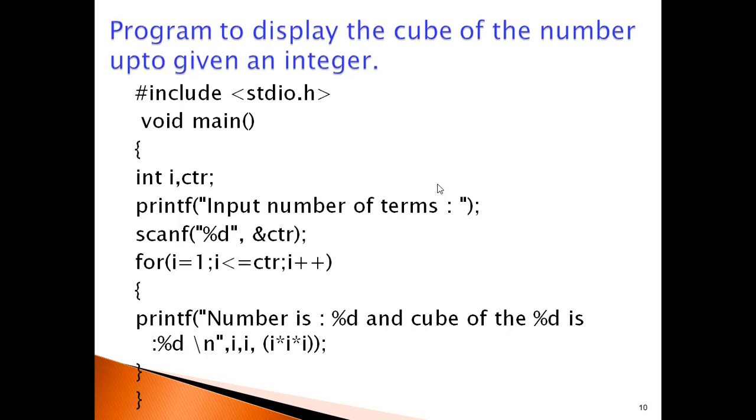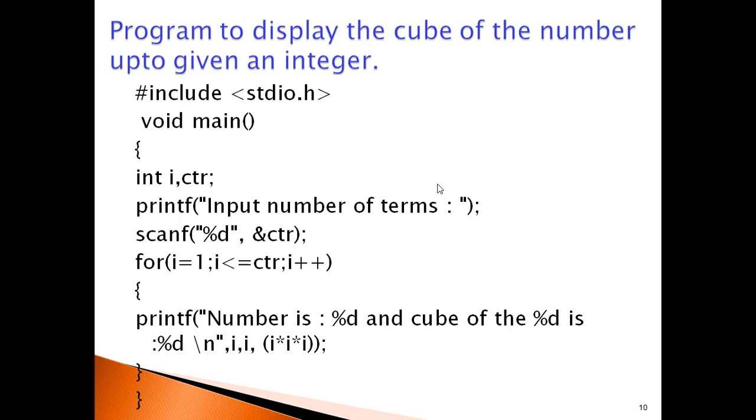For loop: for i equal to 1, i less than or equal to ctr, i plus plus. Within the body of the loop, printf: number is %d and cube of the number is %d. i comma i, the last one is i multiplied by i multiplied by i. This will give the cube of the number.